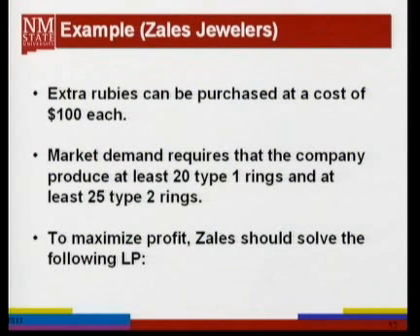Extra rubies can be purchased at a cost of $100 each. The market demand requires the company to produce at least 20 type 1 rings and at least 25 type 2 rings. We'd like to determine how many of each type of ring should be produced in order to maximize profit. That's our problem.